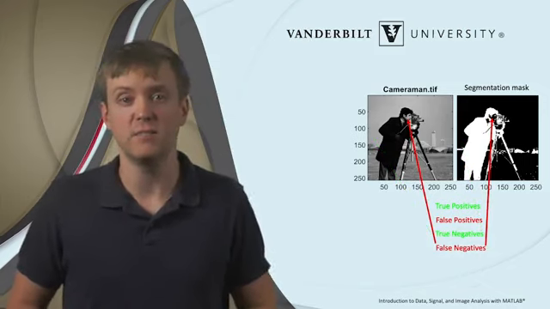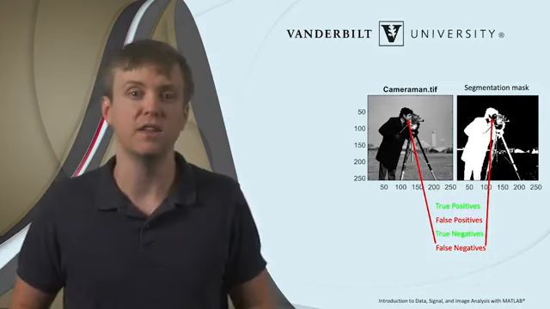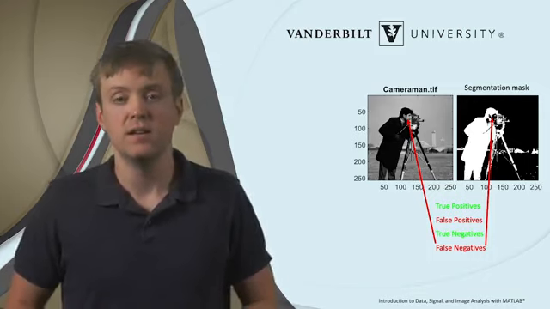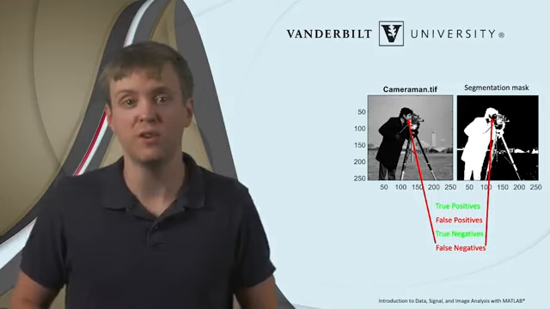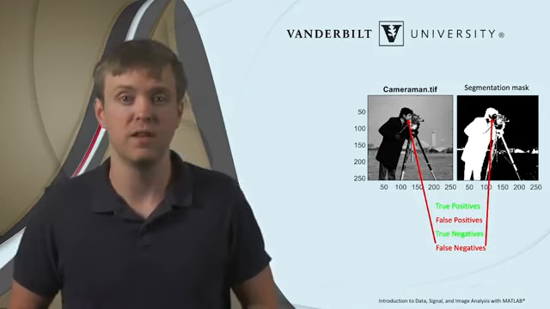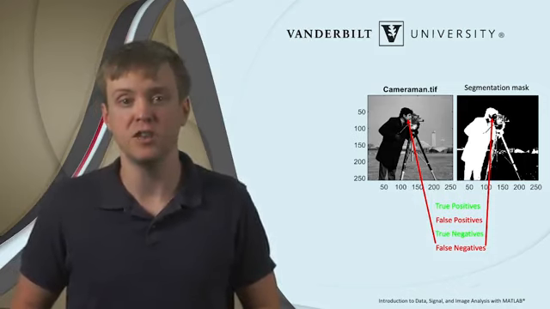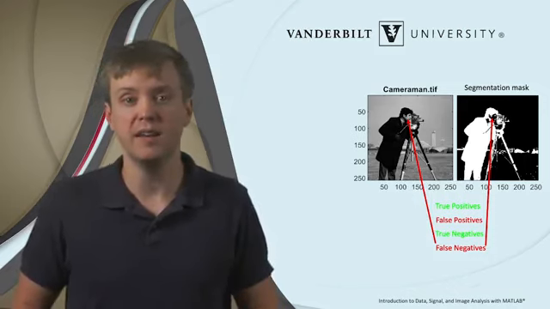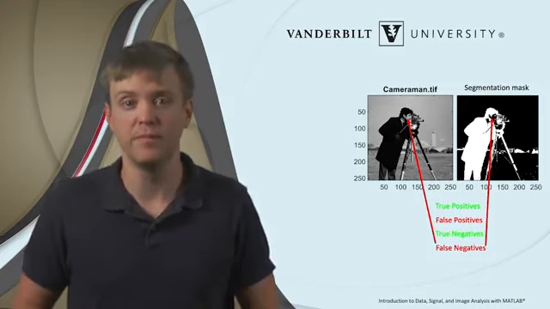Segmentation accuracy is maximized when we have a high rate of true positives and negatives and a low rate of false positives and negatives. Sometimes minimizing the false negative rate is more important than the false positive rate. For example, we really don't want to miss malignant tumor tissue when localizing tumors in medical images, because it would be bad if both the algorithm and the physician don't recognize a tumor.